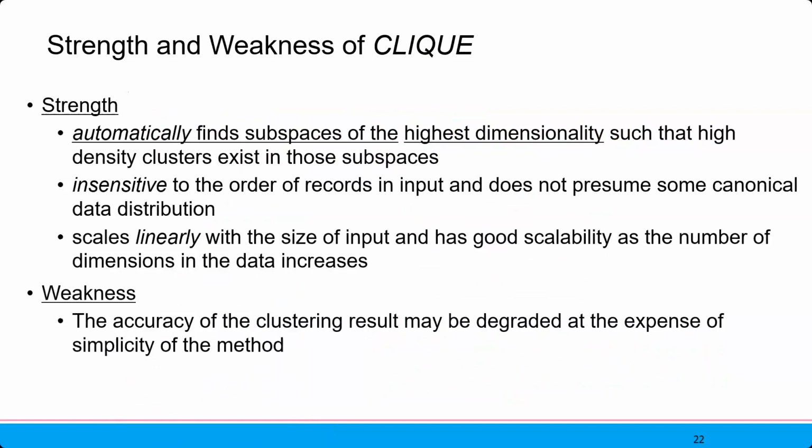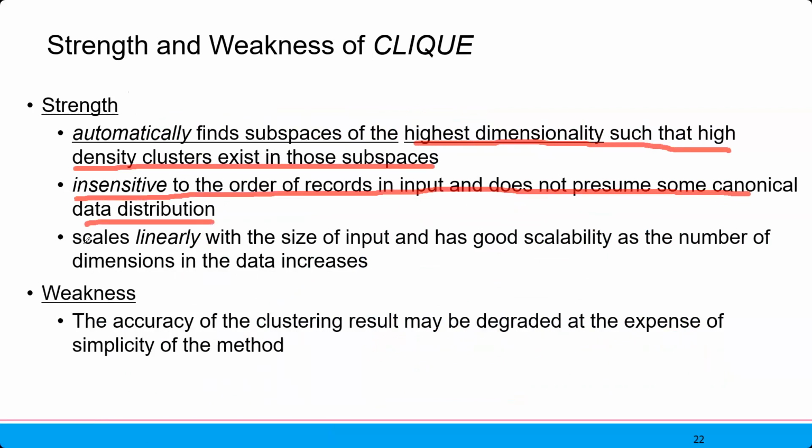So CLIQUE, the strength is, we can automatically find the subspace of the highest dimensionality such that high density clusters exist in the subspace. It is insensitive to the order of the records of input and does not presume some canonical data distribution.